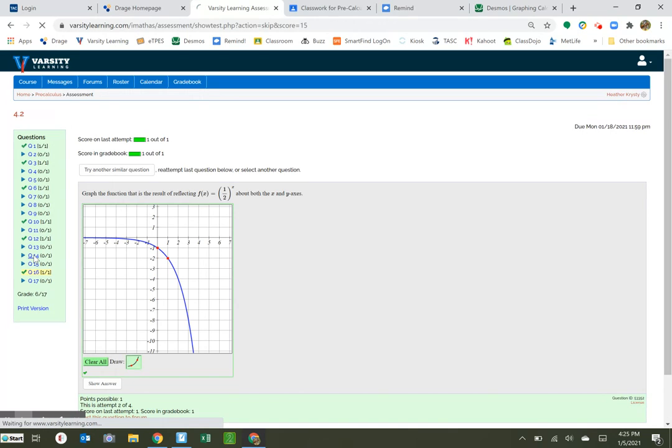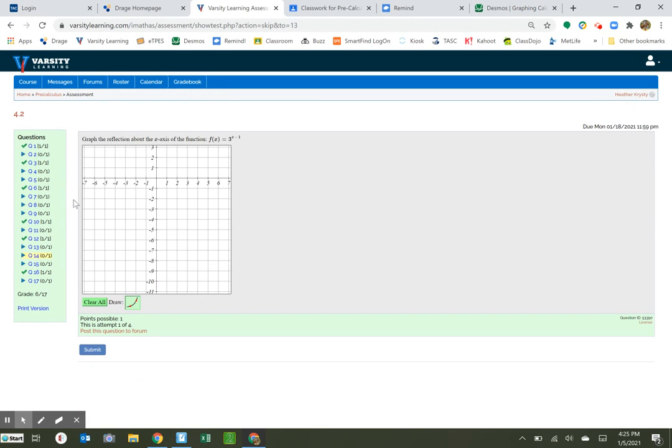Now, there were a couple other of these. Here we go. Okay, so graph the reflection about the x-axis, 3 to the x minus 1. Now remember, if the exponent is affected by this plus or minus up in here, that goes in the opposite direction. So this would be 3 to the x.